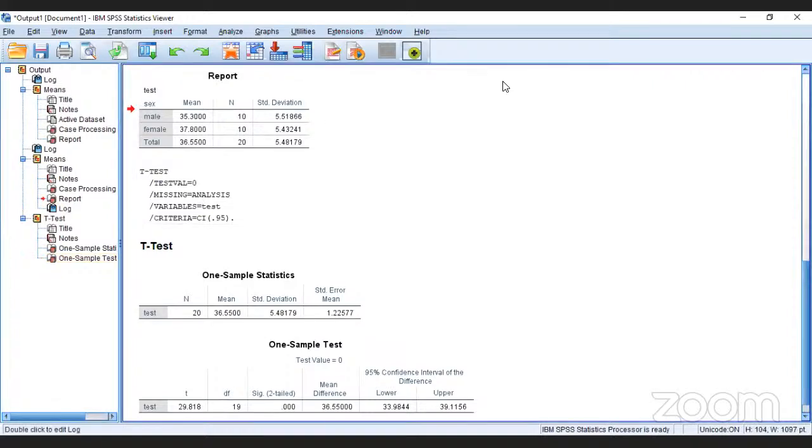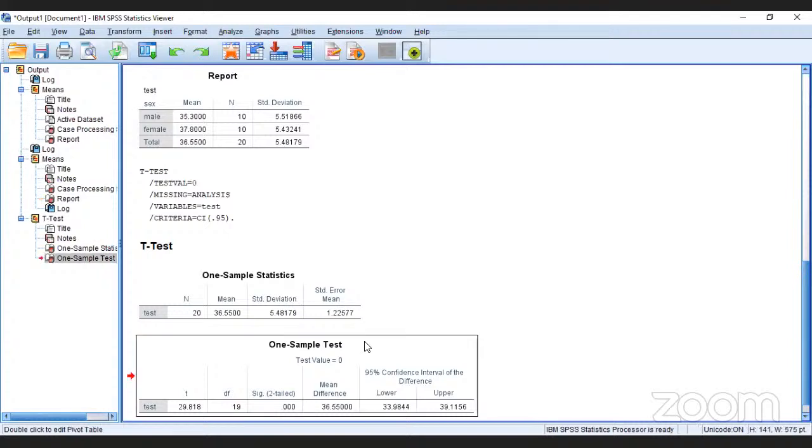Okay. So now you can find that the total is 36.55, SD is 5.48, and you will find the same thing here. Sir, the significance is zero here, in the one sample t-test.